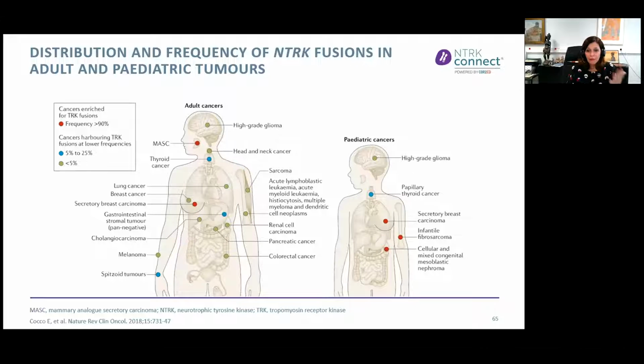And I remind you that we have 4 tumor types with a very high level of TRK alteration that are pathognomonic of them. And in other tumor types, the fusions are extremely rare, maybe with the exception of papillary thyroid cancer, schistoid tumors, and some pan-negative GIST, where we can have up to 5 to 25% of NTRK fusions. So this will have an impact on the screening, of course.